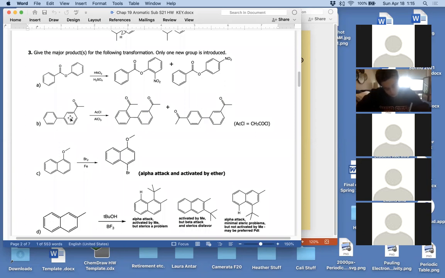The part of the problem with the resonance here is the two rings have to be coplanar. And if these aren't all four hydrogens here, ortho, then you have a steric problem. Right, yeah.